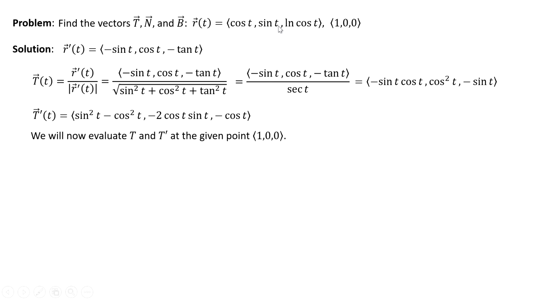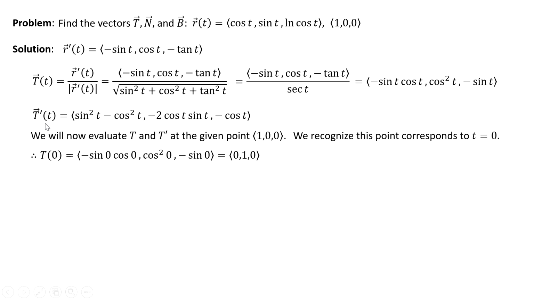And sine of t must be 0. We already said t must be equal to 0. Is sine of 0 equal to 0? Yep. Natural log of cosine 0: cosine 0 is 1, natural log of 1 is 0. Aha. So lowercase t being equal to 0 satisfies this condition. So basically, indirectly, we are being given the value of t when we are given the xyz coordinates of the point. Not directly though.